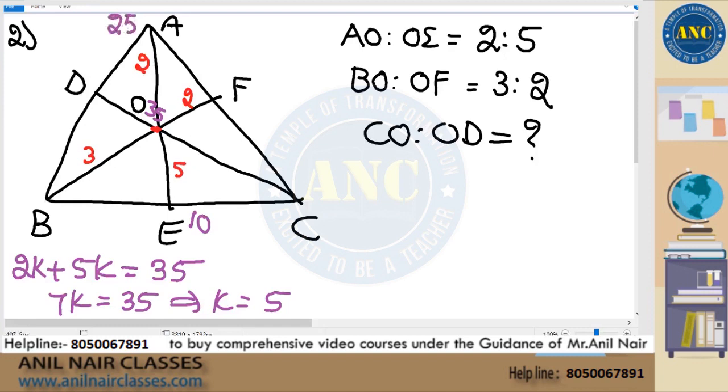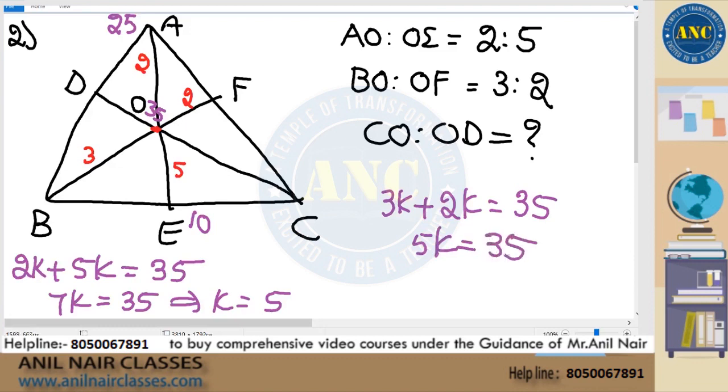Similarly, if I take BF, 3K plus 2K is 35, which is 5K is 35, so K value is 7. If K value is 7, 3 sevens are 21, 2 sevens are 14 will come on the other side. I hope you are all there with me.